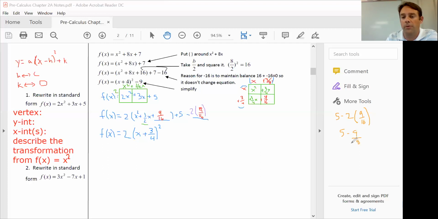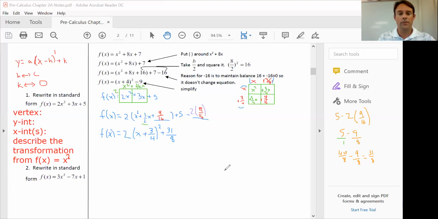So if I get a common denominator here, and again, you guys probably already have it, but I'm just going to go through and do this real quick. 40/8 minus 9/8. Well, that would be 31/8. So plus 31. That's not a 1. That's a 1 over 8.